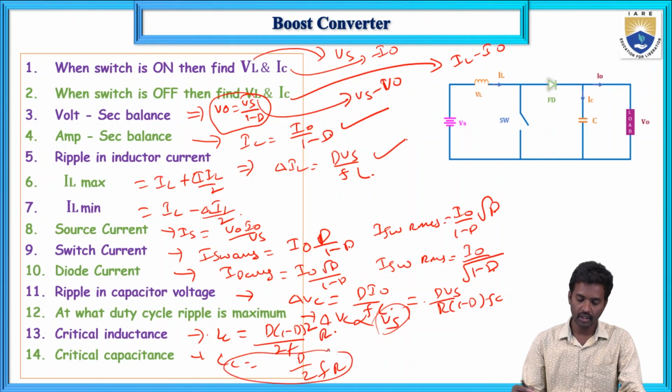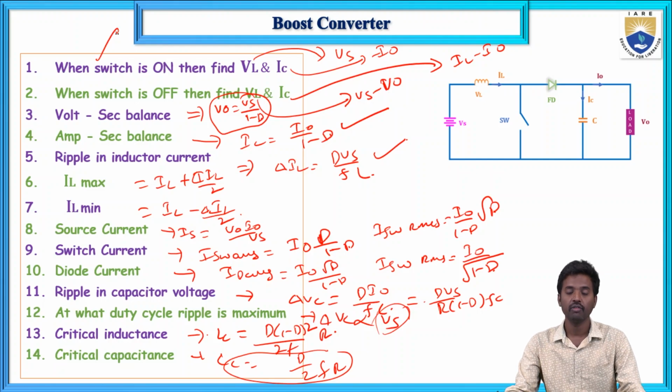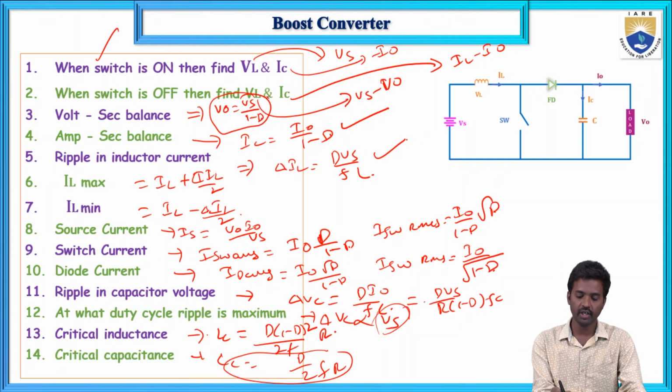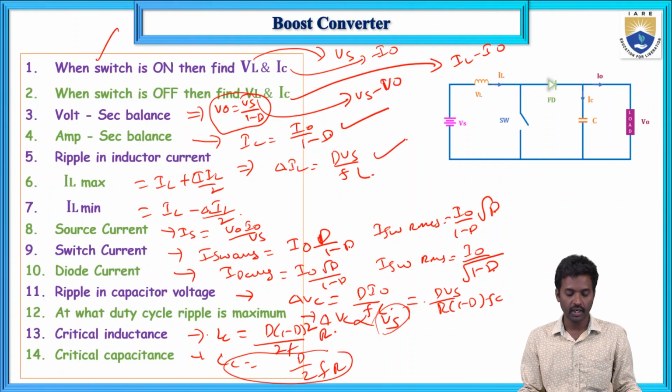So now these are the formulas. When the switch is on, find the VL and VC. When the switch is off, VL and VC, volt second balance, ampere second balance, ripple in the capacitor, IL minimum, maximum, source current, switch current, diode current, ripple in the capacitor, and next, duty cycle, maximum ripple, critical inductance and critical capacitance.